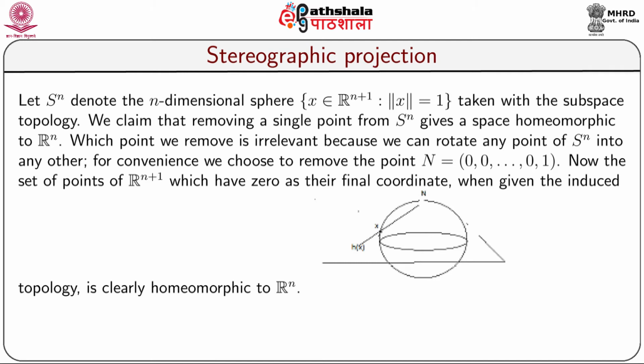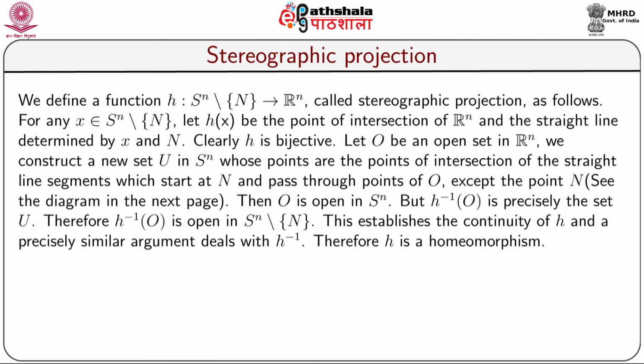Now, the set of points of Rn+1 which have 0 as their final coordinate, when given the induced topology, is clearly homeomorphic to Rn. It will be clear to you if you think in R2. So, if we take in R3 all points with the final coordinate 0, we get the plane R2. We define the homeomorphism from the deleted sphere to Rn as follows.